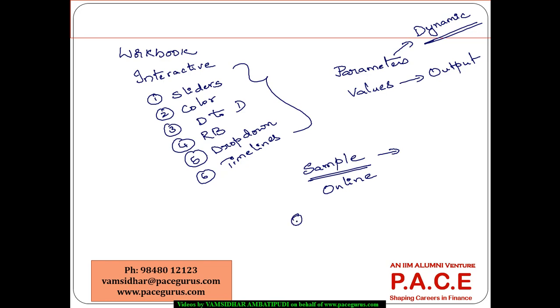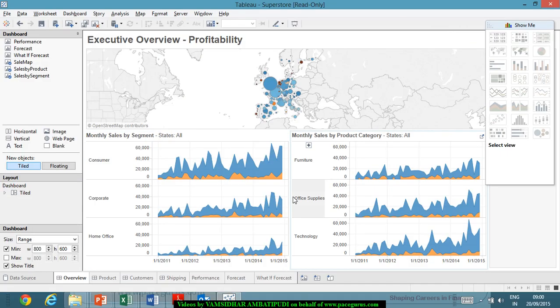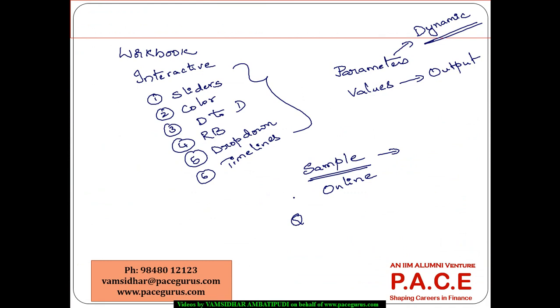But overall, once you are looking at this kind of dashboard, it is giving me quick feedback. For a decision maker interacting with such a dashboard, I can get a quick flash response as to how things are moving and whether I am really on track or not. That is one of the main objectives of creating a dashboard, and we should become more and more comfortable in creating such interactive dashboards.